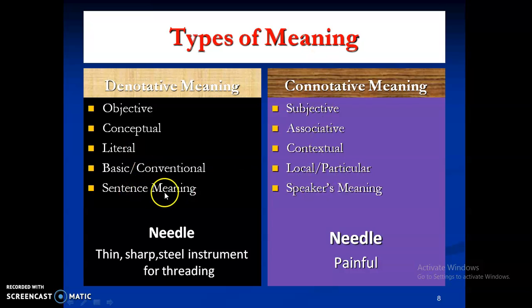If denotation is sentence meaning, this is known as speaker's meaning. Let me give you an example. Needle. Its actual basic meaning is a thin, sharp steel instrument for threading. But another meaning that is associated with needle is painful. So painful is its contextual meaning, particular meaning, or speaker's meaning, associative meaning.